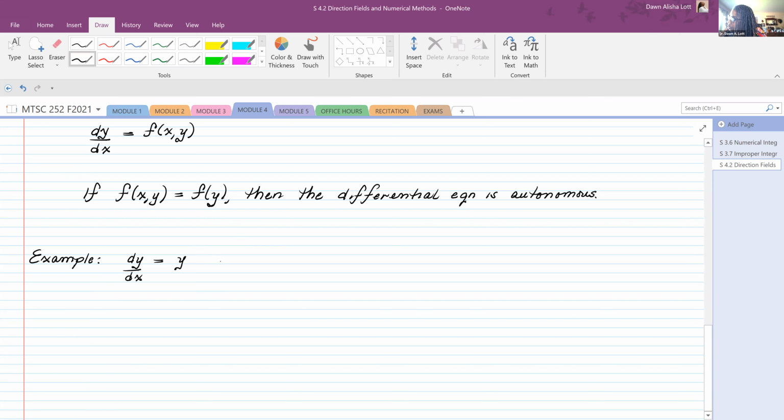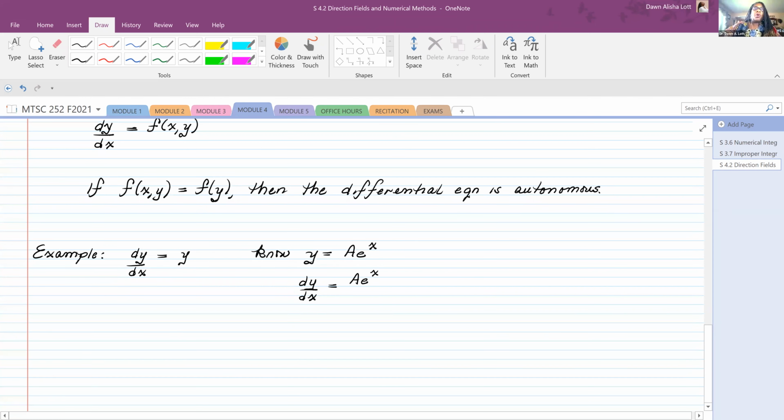So we already know that the solution is y is equal to a constant times e to the x, because if I take dy dx, I get that constant times e to the x. So that's the only thing that works. Nothing else works. Okay.